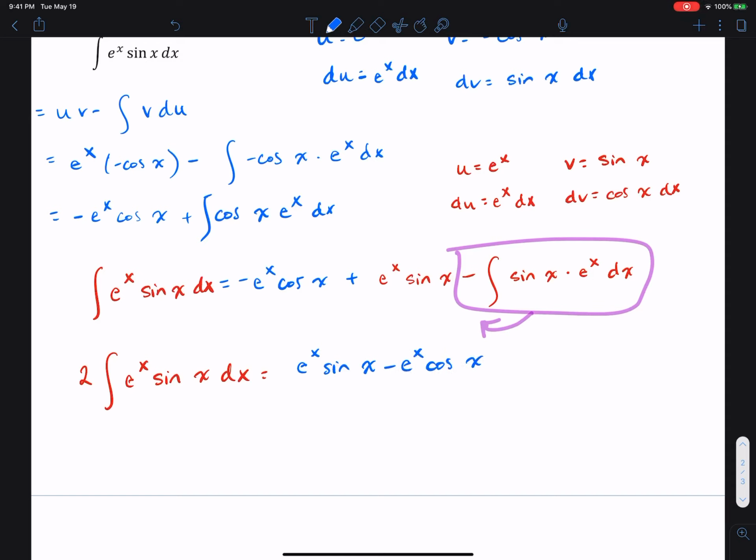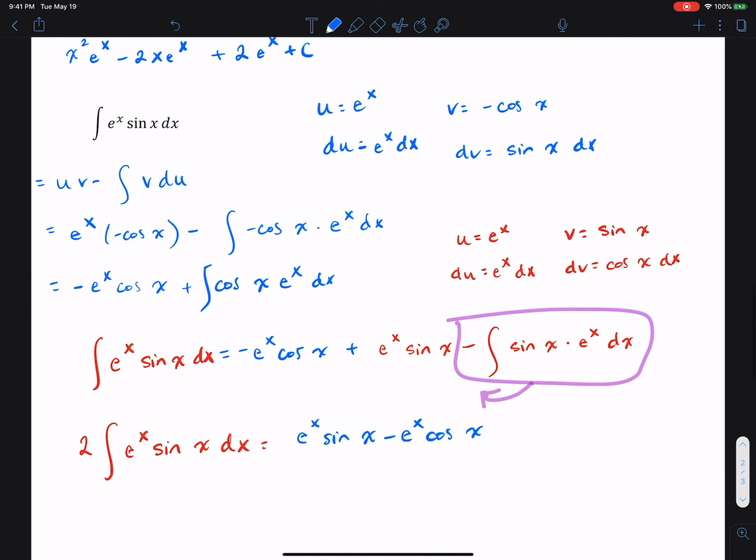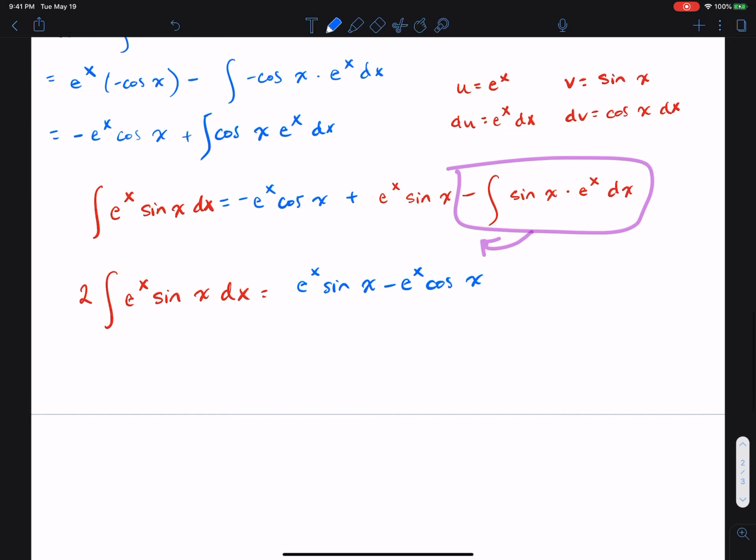I just changed the order there. Okay? But that's not what I want. I want the original question, the integral of e to the x sine of x. So I could divide everything by 2. So I have 1/2. And there's your answer. Okay?